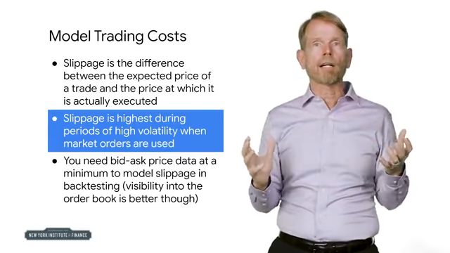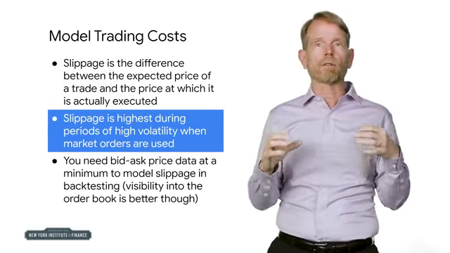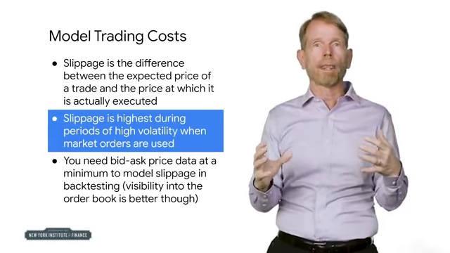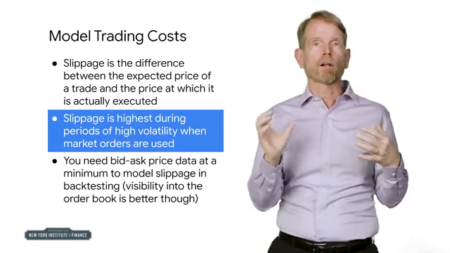Slippage can occur at any time, but is most prevalent and severe during periods of higher volatility, particularly when market orders are used. You can eliminate slippage by using limit orders with a fixed price, but you run the risk of missing a trading opportunity if your order is not filled.